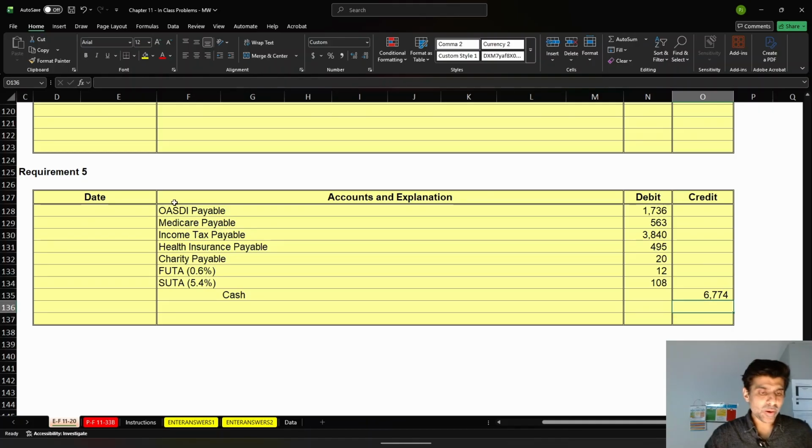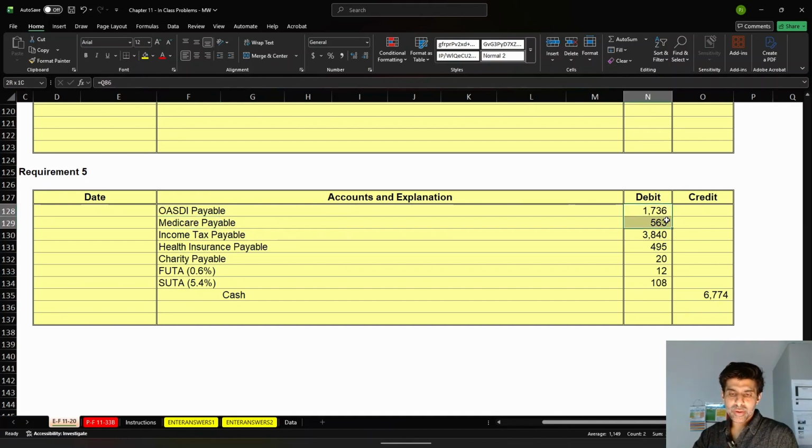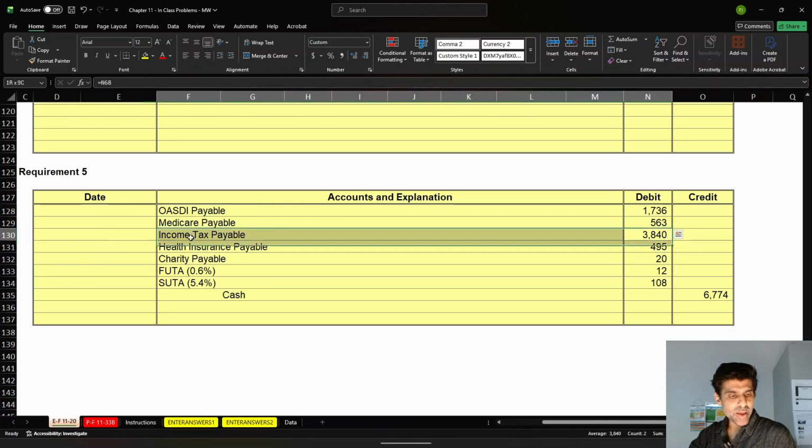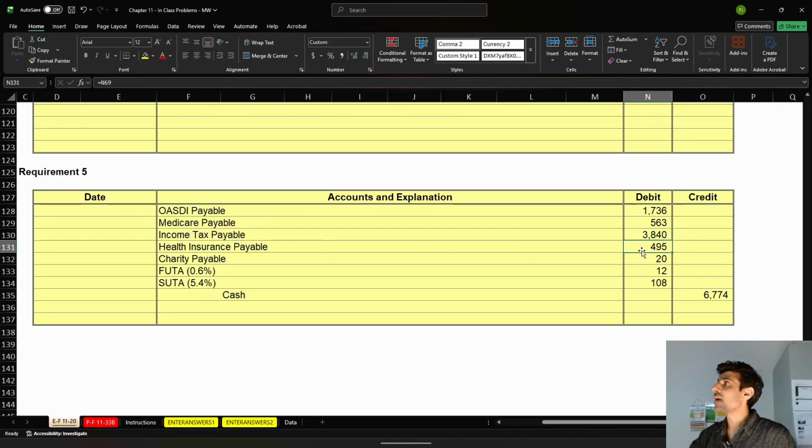Now, remember, all of these are different checks. OASDI and Medicare is one check for the sum of these, which is 2,299. That's going to go to the Social Security Administration. Income tax payable, that's going to go to the IRS. That's going to be a separate check. Health insurance payable, this is going to be a check to Blue Shield, whoever.